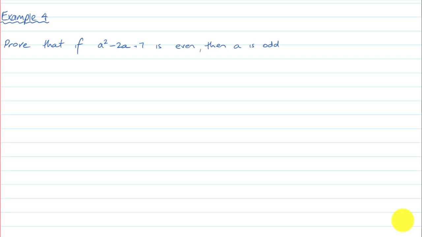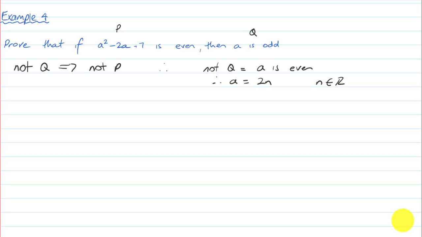So this is my P, and this is my Q. The contrapositive to this is that not Q has to imply not P. And so we start with not Q, which is that a is even, and so therefore a is equal to 2n, where n exists in Z.